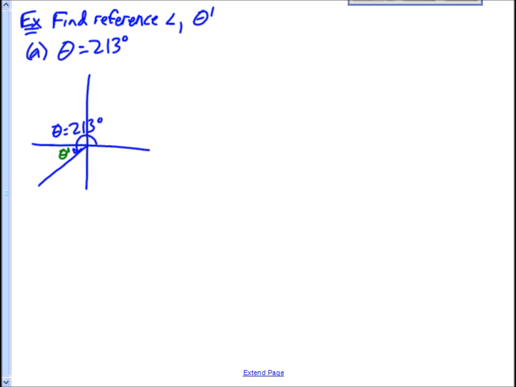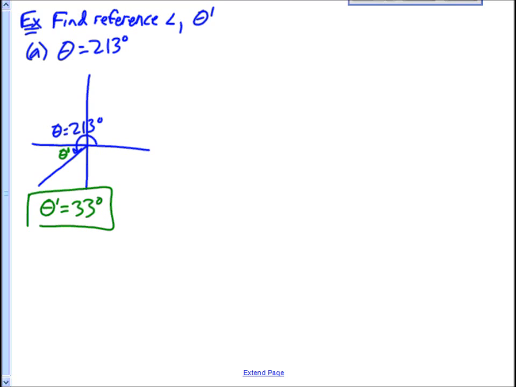I say, how far past 180 degrees did I go? Well, 213 minus 180, that's going to give you 33 degrees. So theta prime here is going to be 33 degrees. Again, 213 minus 180, that's what's left over there.